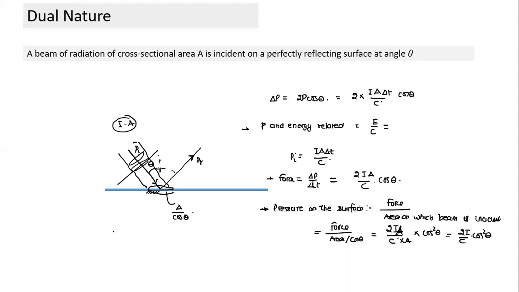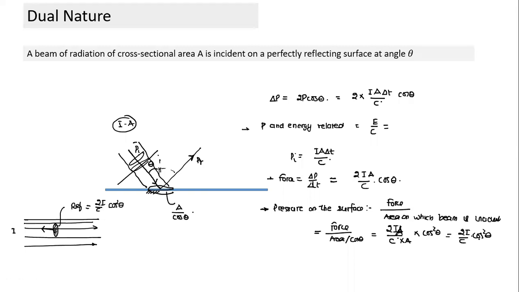What we understood now: if there's a beam of light, like sun rays coming, and the intensity of the sun rays is I, if I keep any shape of reflecting plate perpendicular to the rays, pressure is equal to 2I by C. But if I rotate it by angle theta, the pressure becomes cos square theta times that.